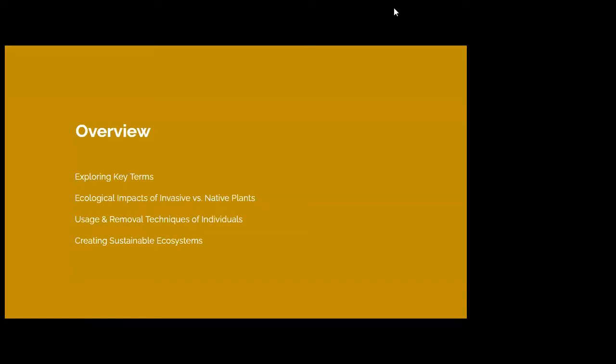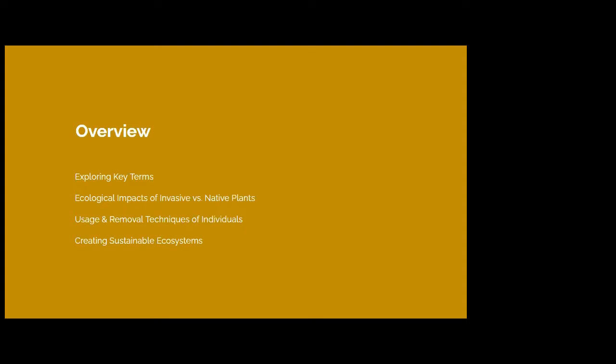But for today, we will be talking about, like I said, what invasive species are, some local ones. So we'll take a look at definitions and how those can help us understand what's going on with our local plant populations. We will look at some of the ecological impacts that invasive species have versus native species.